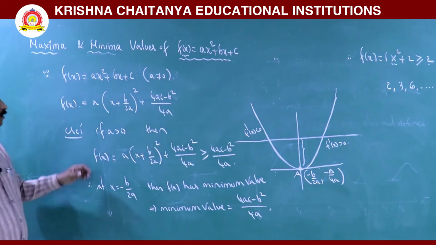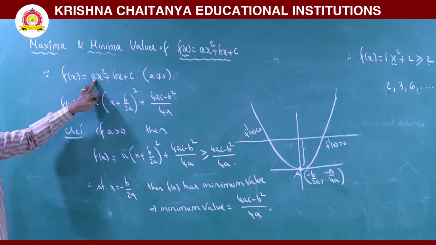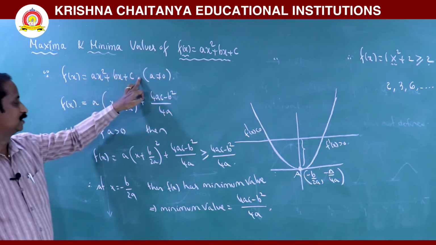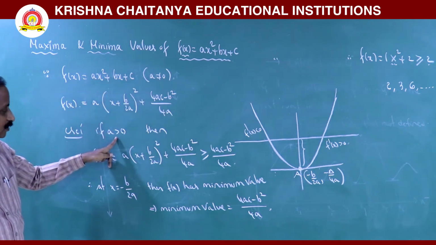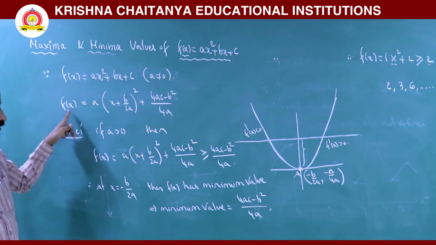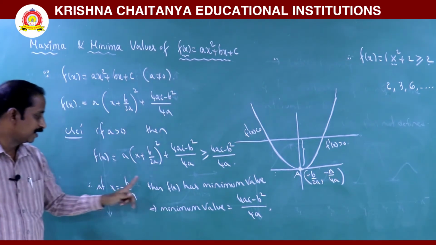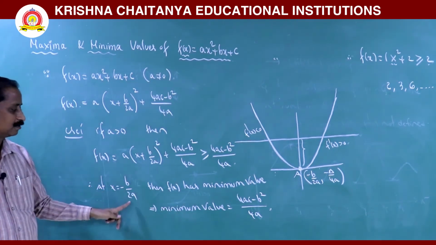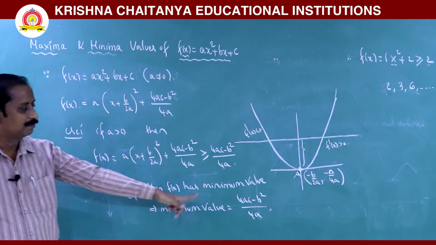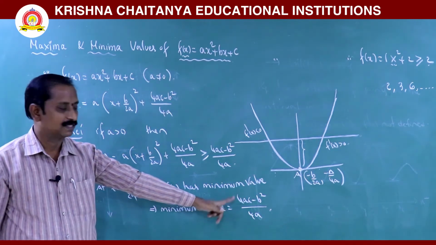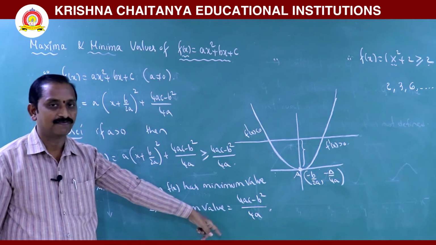Keep in mind, for the quadratic expression ax² + bx + c with a greater than 0, the function has a minimum value at x equal to −b/2a, given by the formula (4ac − b²)/4a.